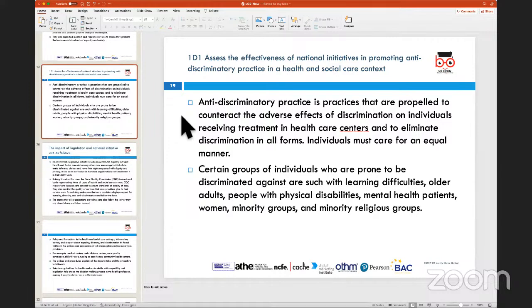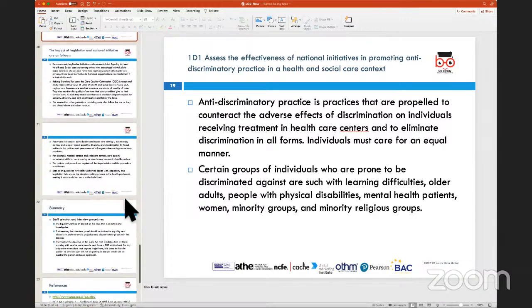That would be by covering the theory, a bit of application, and then towards the end taking a specific example, and that would allow you to do the assessment of how these national initiatives are used by the government to promote anti-discriminatory practice within the health and social care setup.